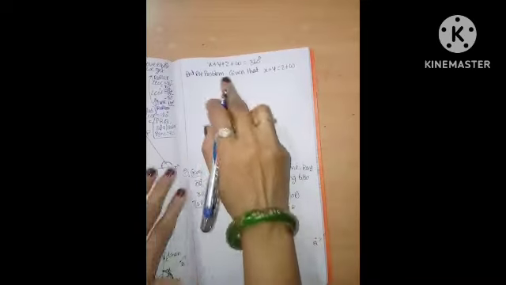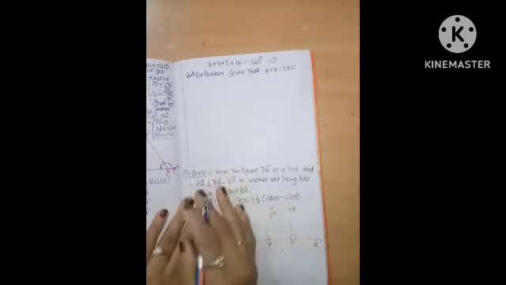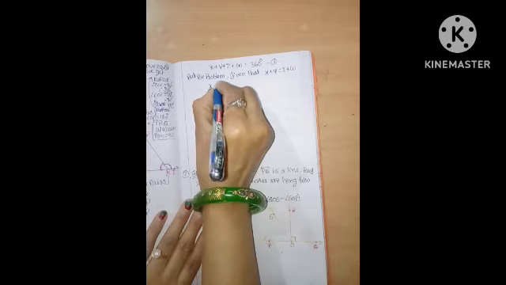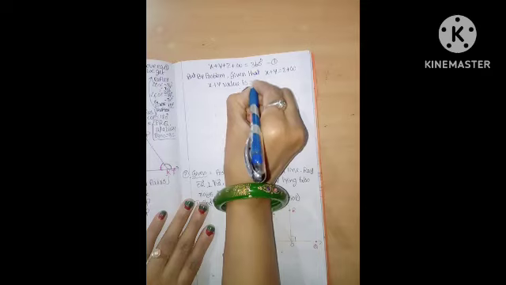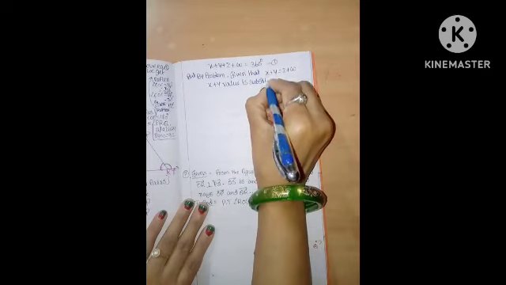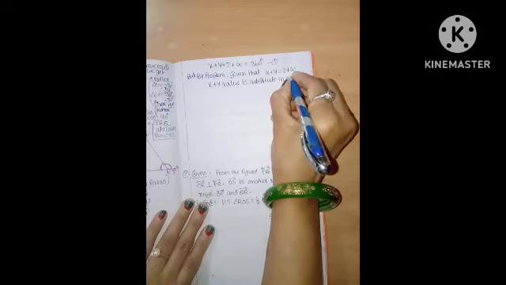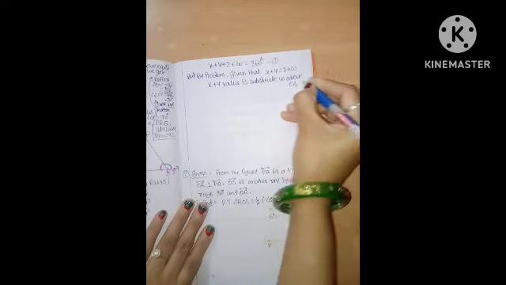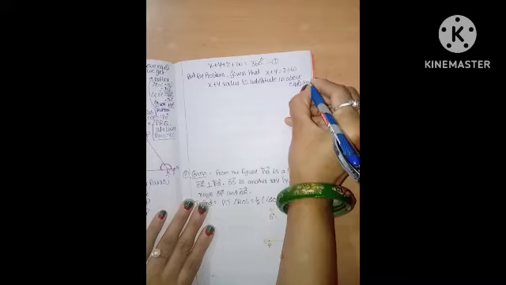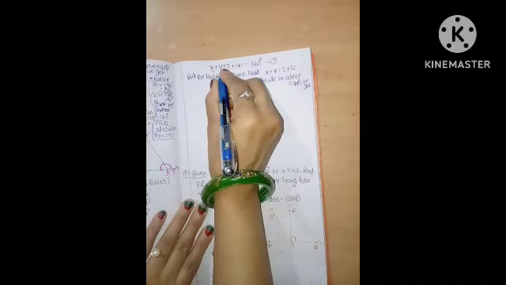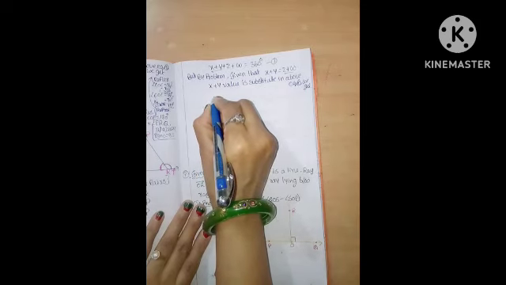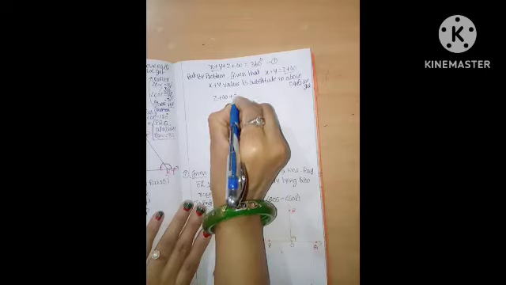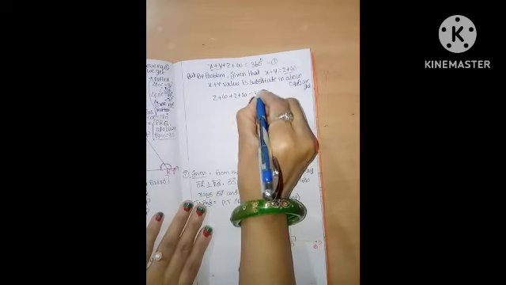Substituting the x plus y value in the above equation 1, what do we get? x plus y in place of z plus w. So z plus w plus z plus w is equal to 360 degrees.